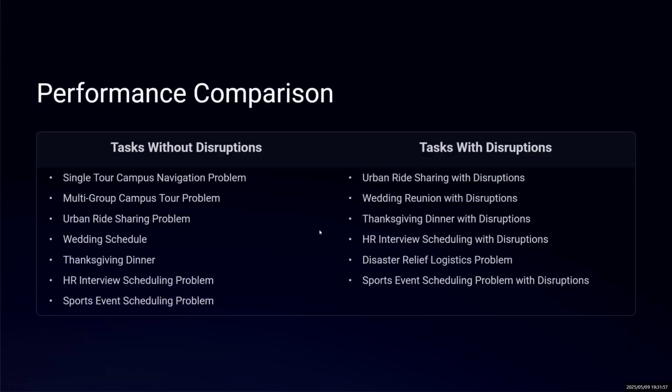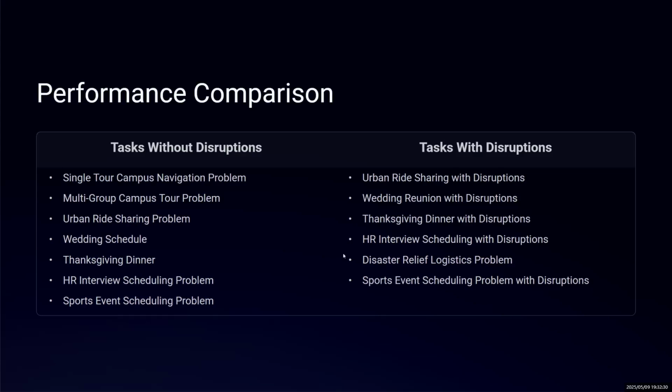So to evaluate the capacity of our system, we designed a benchmark consisting of 13 problems. Among them, 9 are selected from real benchmark data sets, while the remaining 4 are customized by us. There are an HR interview scheduling problem with a disruption version, and a sports event scheduling problem with a disruption version.